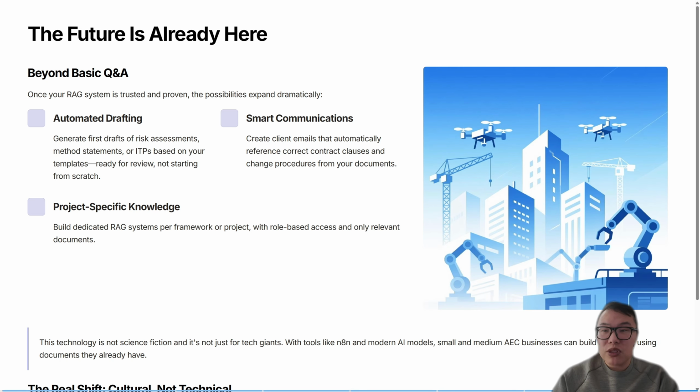And you can build project-specific knowledge pools. Each framework or project or portfolio will have its own RAG system or even its own RAG chat, where your clients or your supply chain can all come into this ecosystem and collaborate with only relevant documents, version controlled and also authority controlled, with only the right people allowed to query the right body of documents.